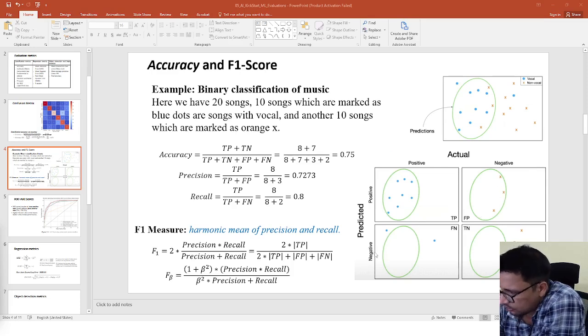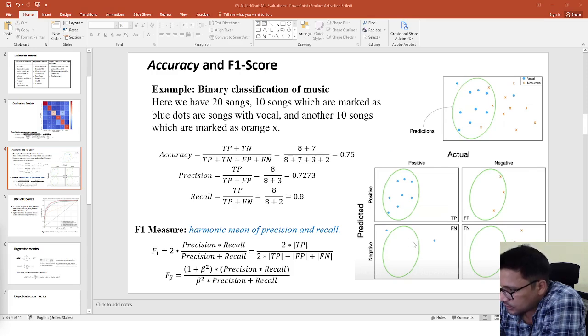Similarly, false negative means these two samples you can see outside this classification boundary region. The model treated them as negative samples, like non-vocal samples, but actually these are positive samples or vocal samples.